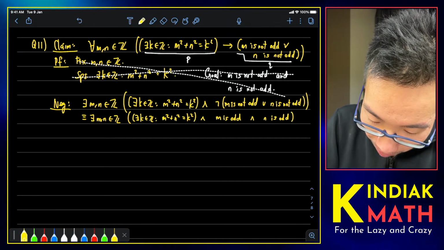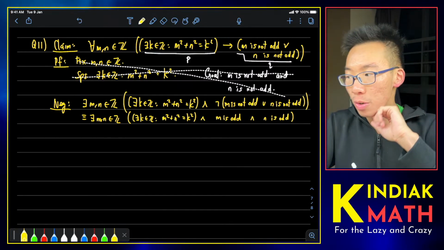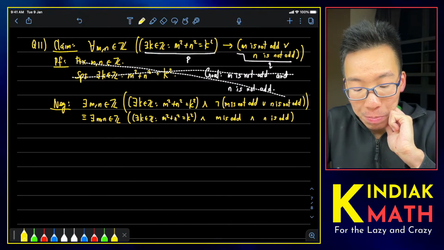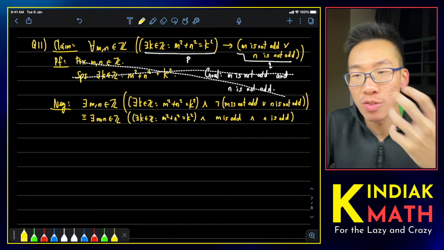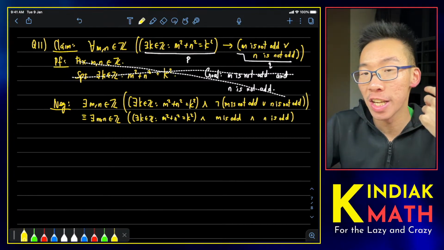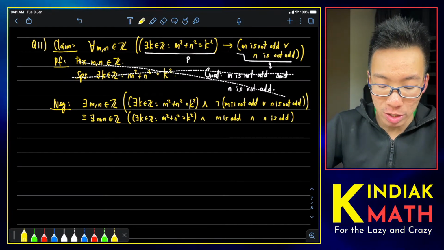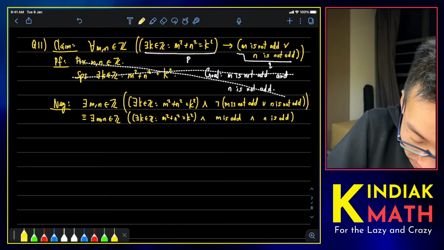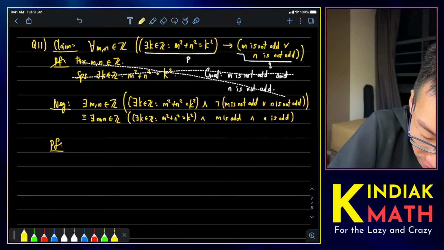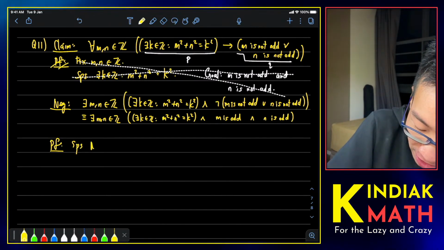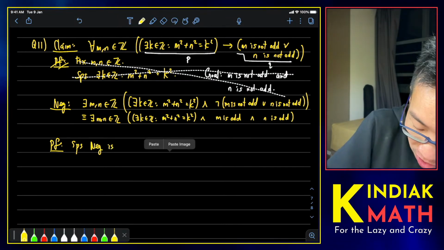There we go. So we claim that the original statement is true. We want to prove that the negation is false, so we're going to prove by contradiction. Our proof: suppose the negation is true.